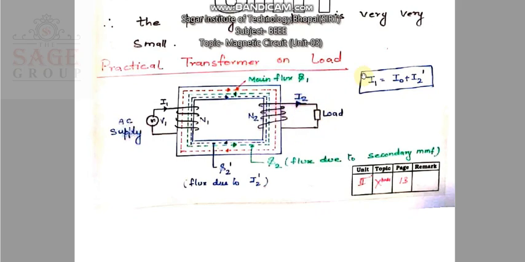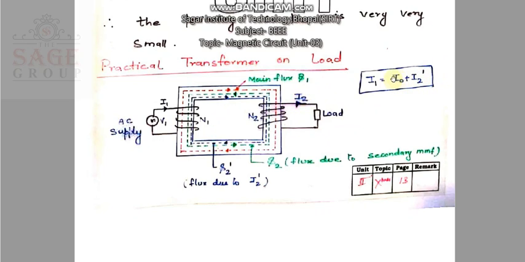So you can say that I1 is equal to I0 plus I2 dash. What is this I2 dash? I2 dash is the amount of current which the secondary winding demands from the primary winding, and this I2 dash is just opposite to I2.